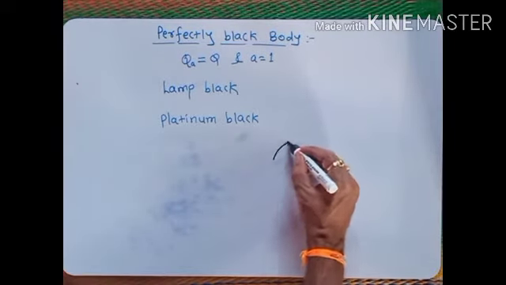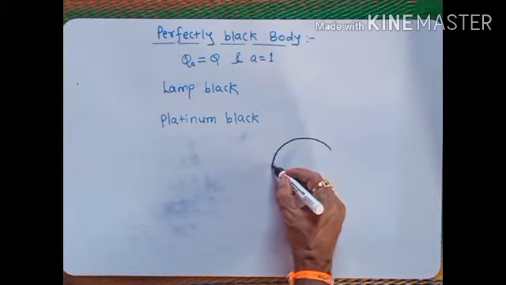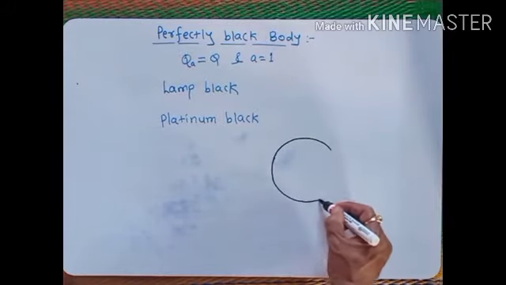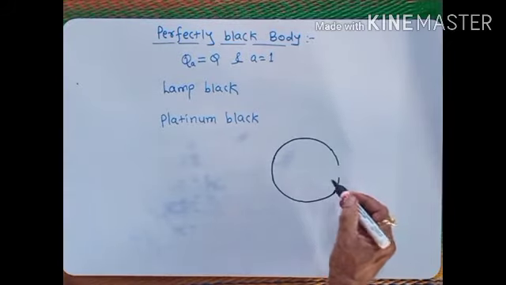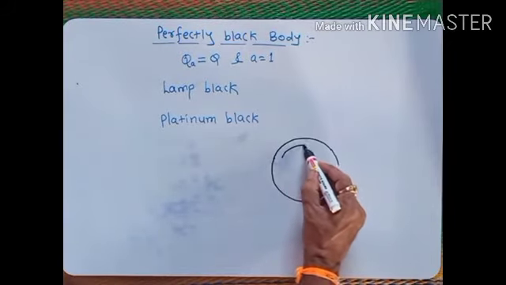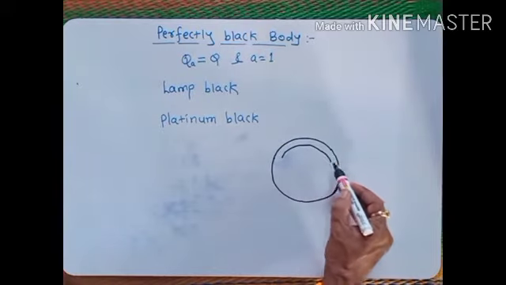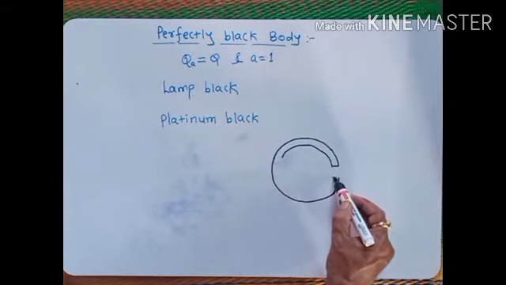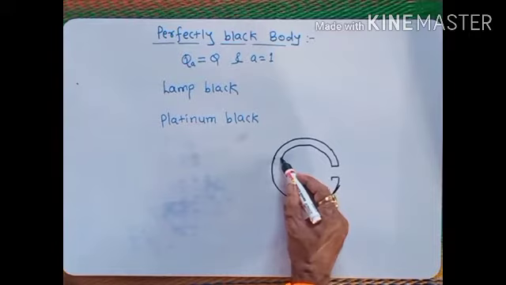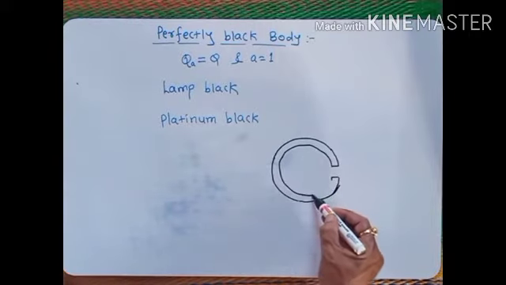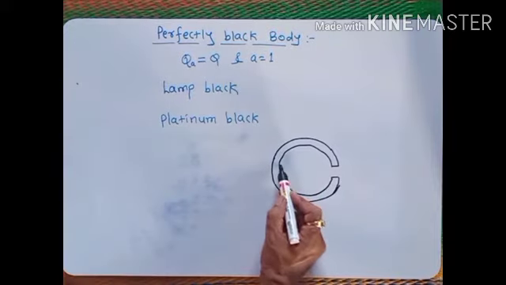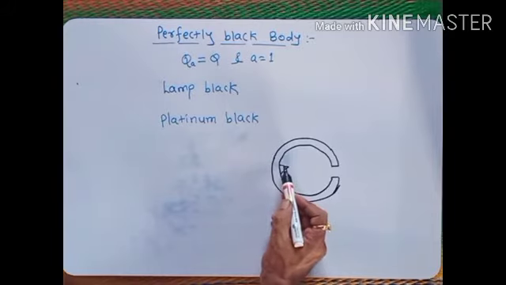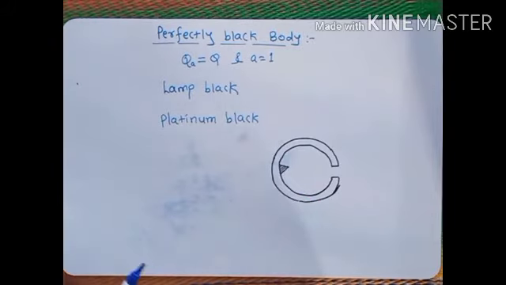The perfectly black body consists of a double walled hollow metallic sphere having one aperture, and in front of the aperture there is a conical section. This is the conical section.